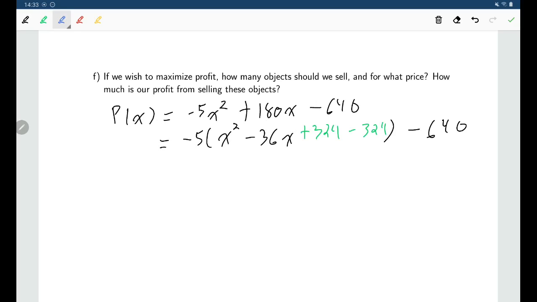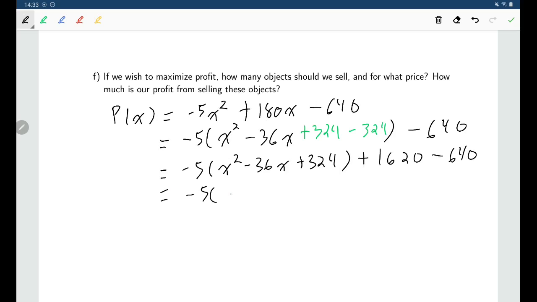I need to remember that when the 324 leaves the bracket, it'll need to be multiplied by that negative 5 in front. Negative 5 times negative 324 is 1,620.